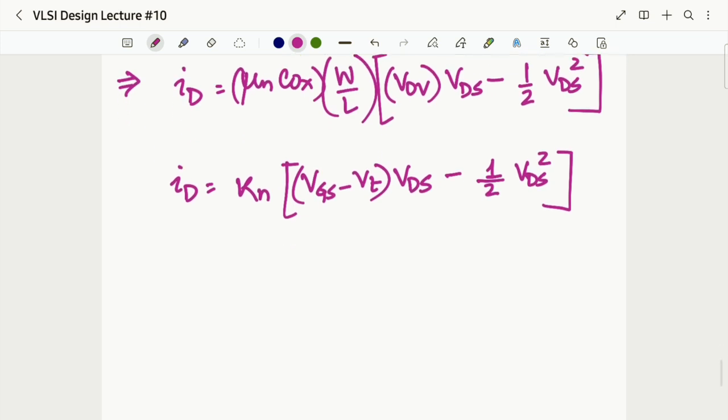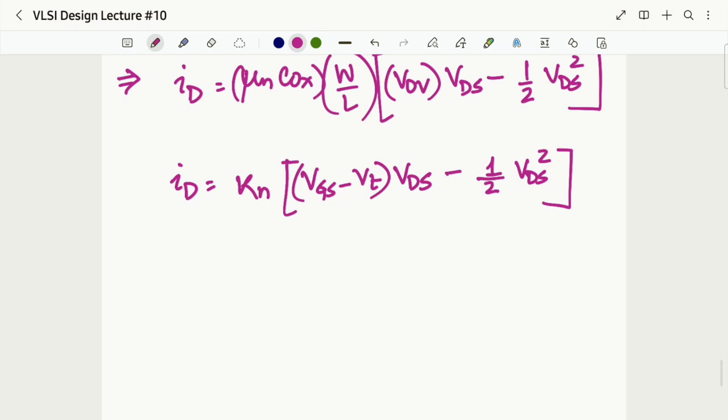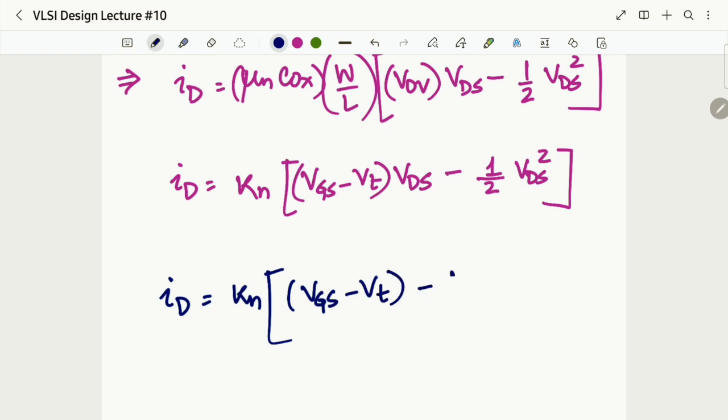Now if I rearrange this equation in this manner, that is ID equals Kn big square bracket within which I will have my VGS minus VT minus VDS by 2, and I am taking my VDS again back to the outside.